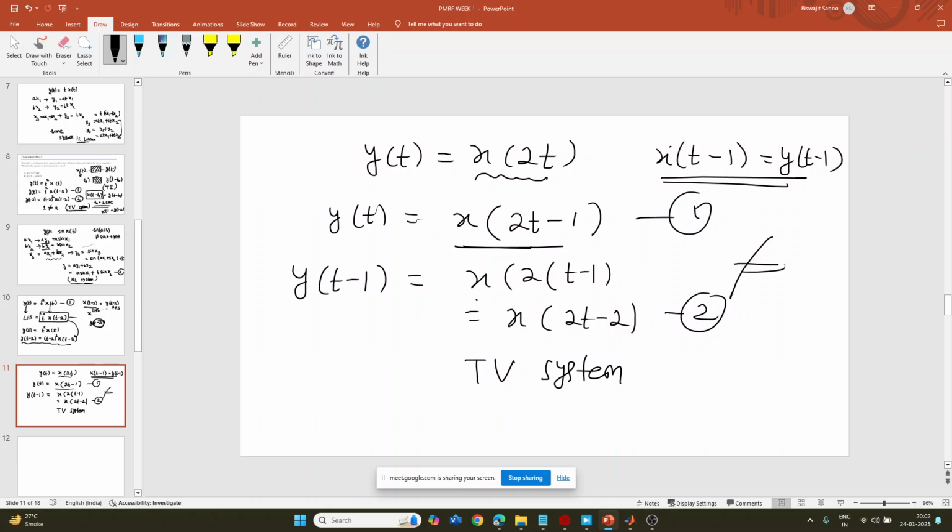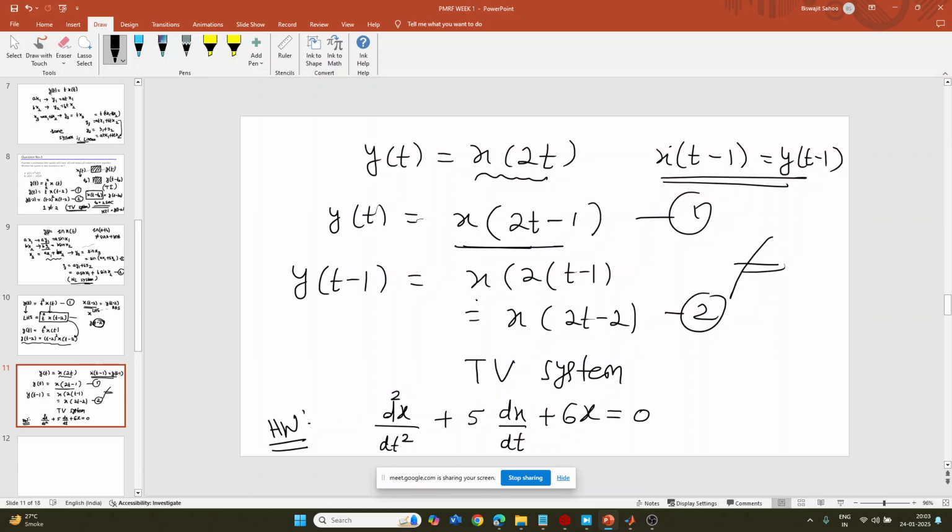I'm giving a question for homework. You can solve it by yourself; if not, let me call you, or I'll explain it. Let me give you an example: you know the differential equation d square x by dt square plus 5 dx by dt plus 6x equal to 0.